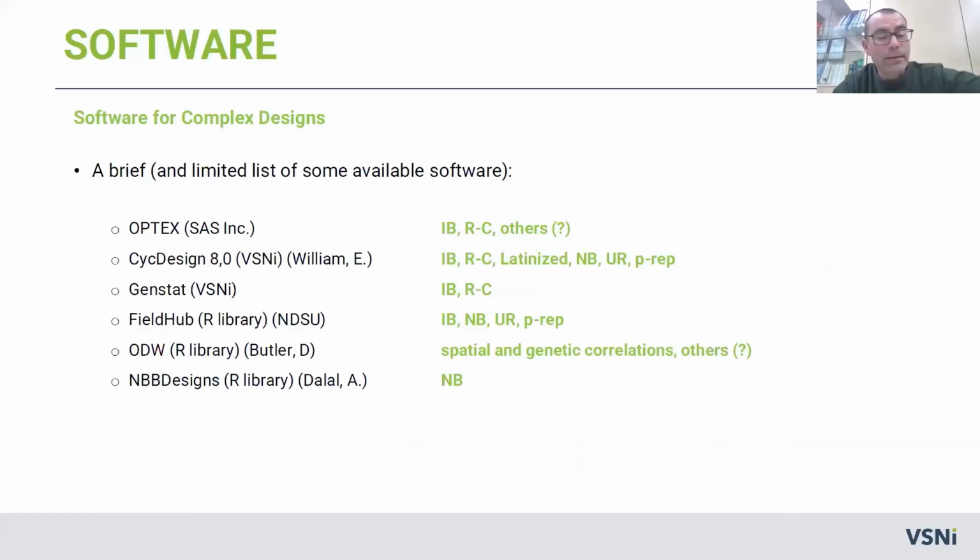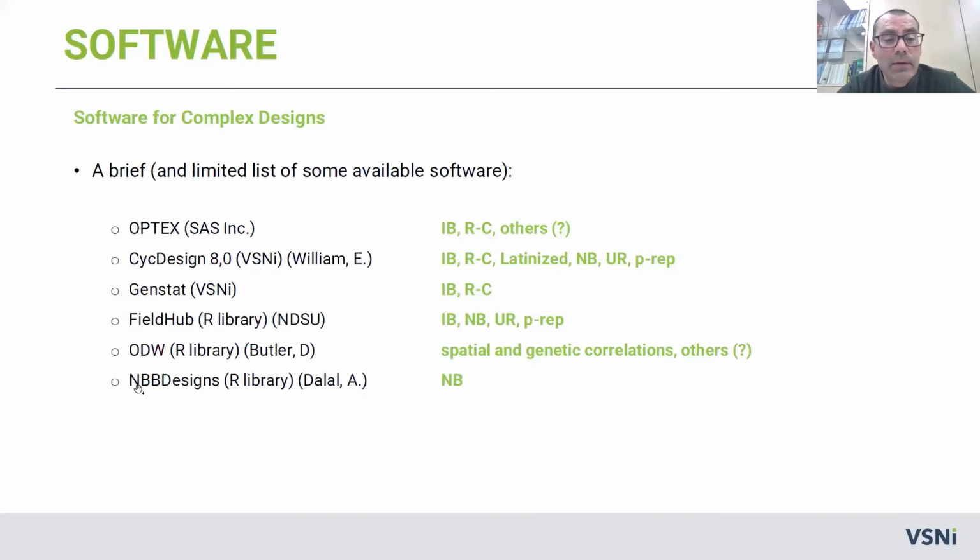So a few more things. I don't have many more slides, but I'll show you a little bit of one software, SIG Design version 8.0, which we have at VSNI. And this is a list of some of the software and R libraries that are available. I have been involved in FieldHub, and we work closely with SIG Design here.